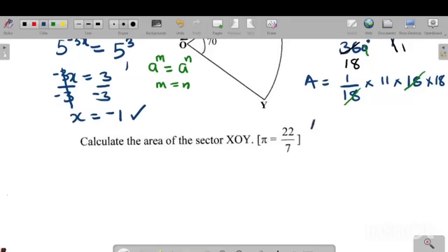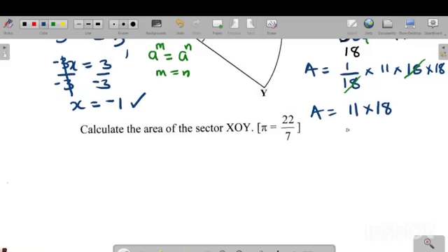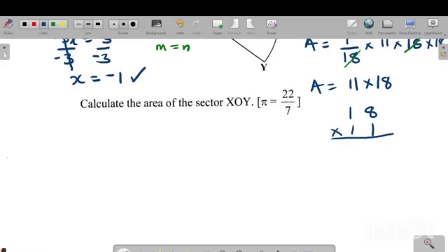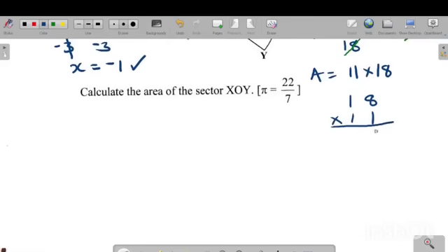So you are going to remain with area is equal to 1 times 11 times 18, which is just 11 times 18. Now, because you are not allowed to use a calculator, you are going to say 18 times 11 and then multiply it like this. 1 times 8 is 8, 1 times 1 is 1.